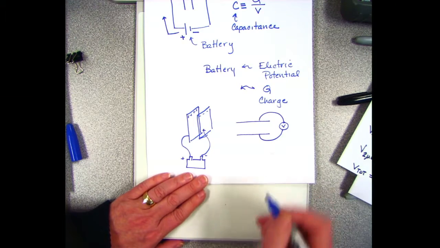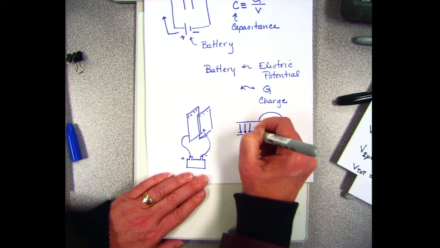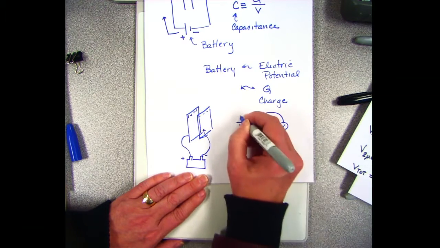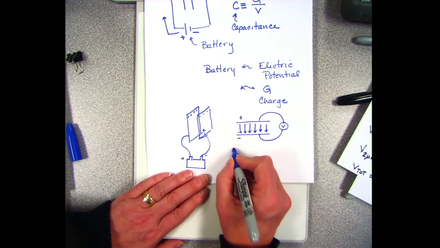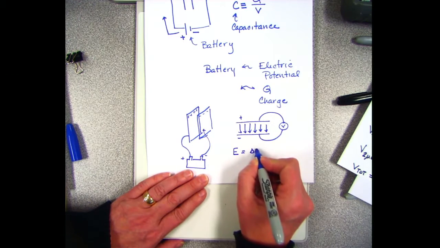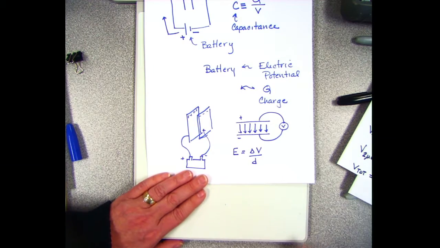That side's positive, and that side's negative. And if I look at how we get here, the electric field is the change in potential divided by the distance. So the distance between the plates impacts my capacitance, and that's just a function of how that works.